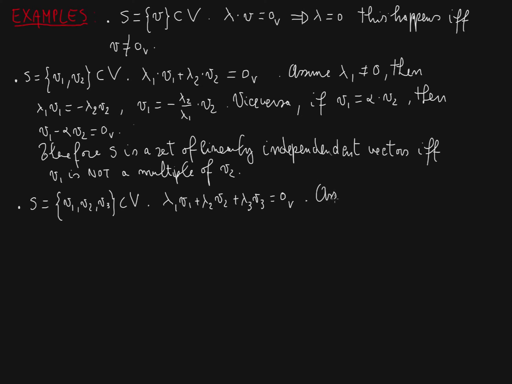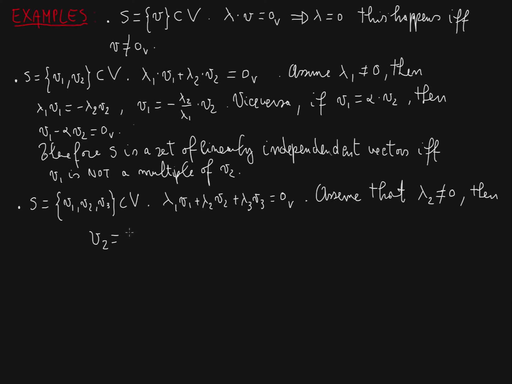Let's say lambda 2 is non-zero, then, well, I can play exactly the same trick as before. So I can express v2 in terms of everything else. So v2 is going to be equal to what?